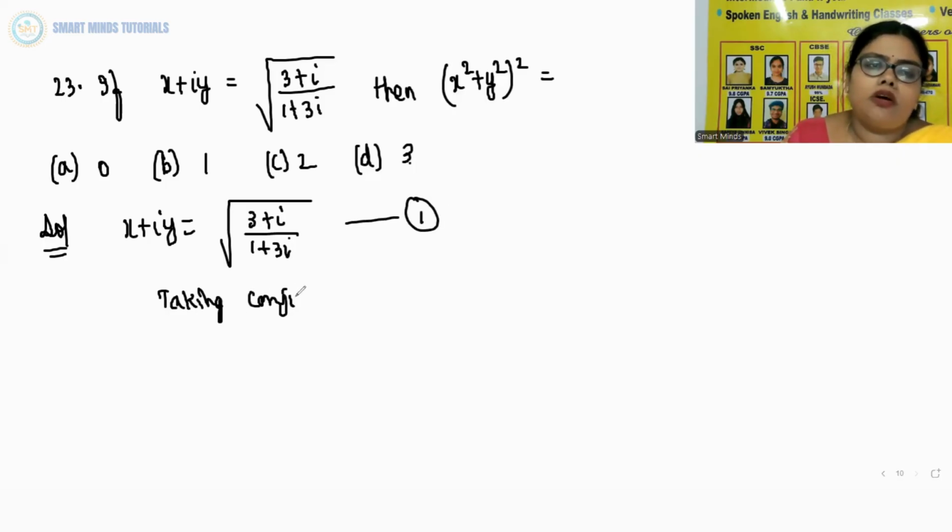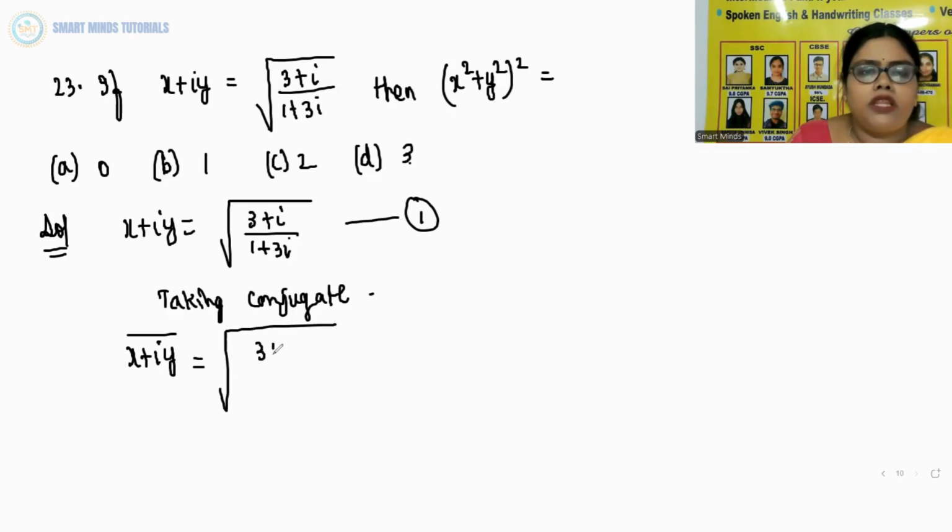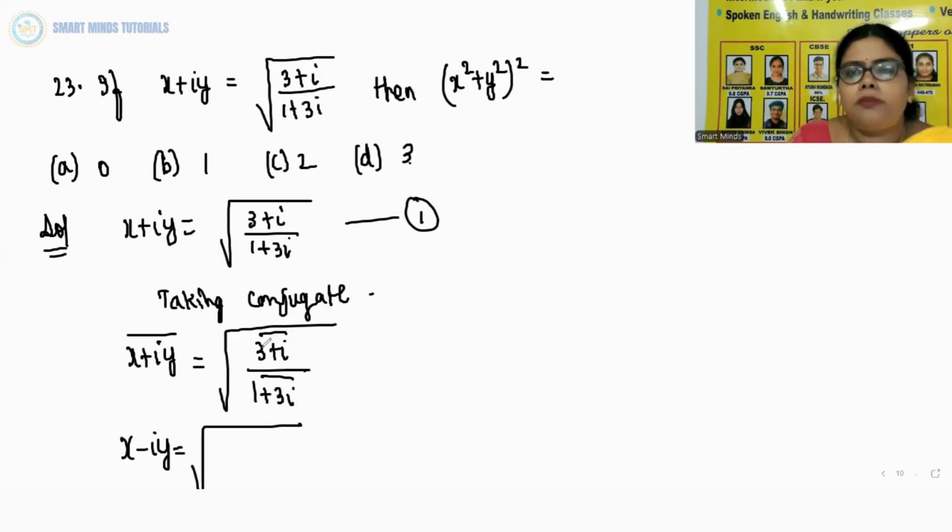Now you take the conjugate of each complex number. So x plus iy conjugate, I am denoting like this, is square root of (3 plus i) conjugate by (1 plus 3i) conjugate. Now x plus iy conjugate is x minus iy, square root of (3 plus i) conjugate is 3 minus i, by (1 plus 3i) conjugate is 1 minus 3i.